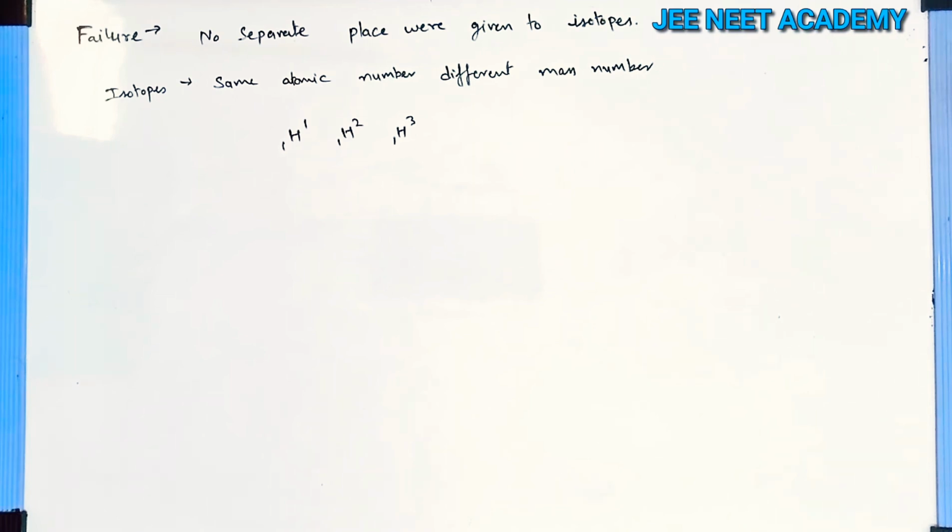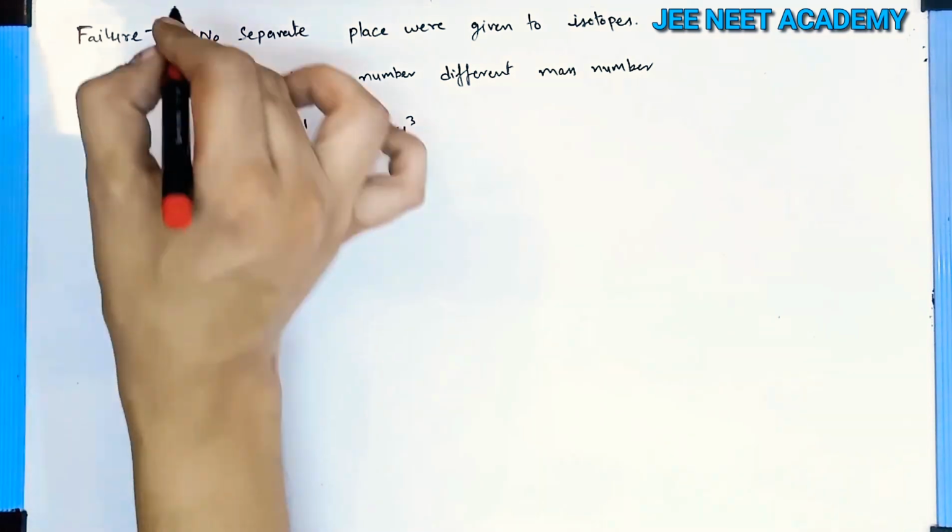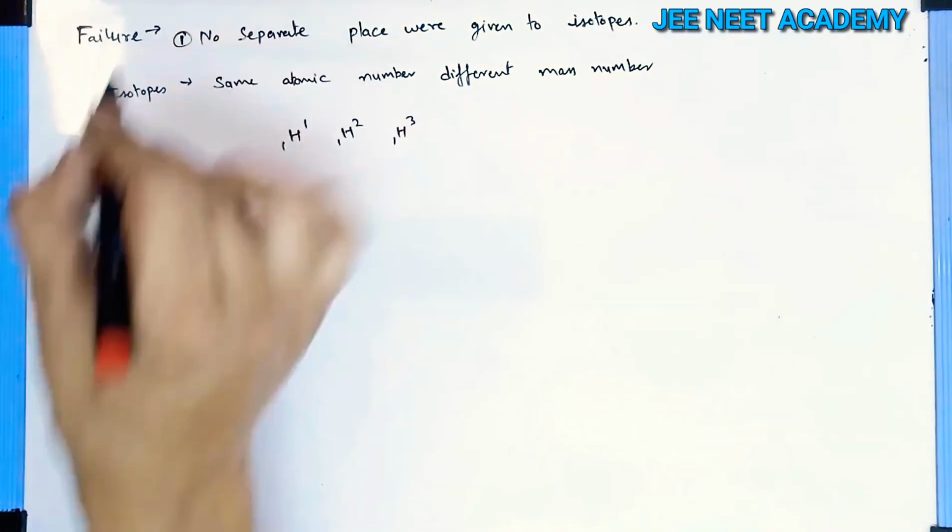Some elements with the higher atomic mass were kept before lower atomic mass, which contradicts Mendeleev's rule. This is the second point. This is the first.